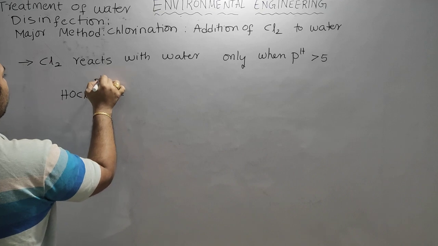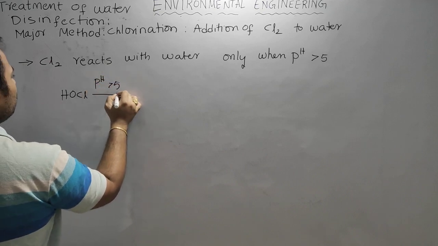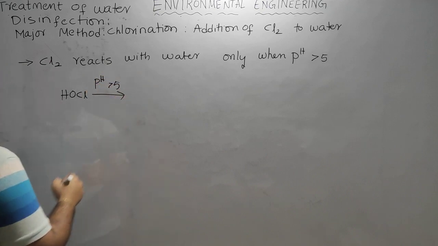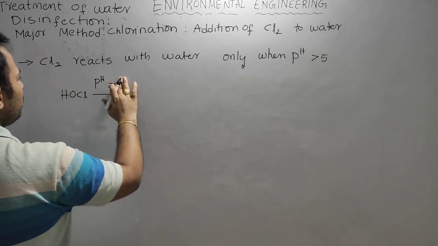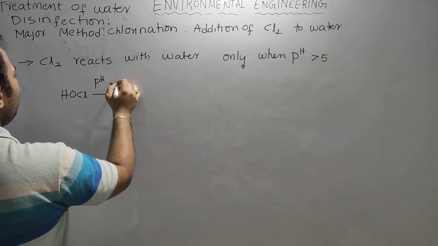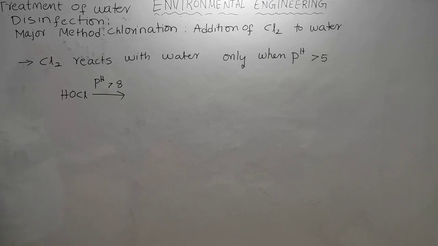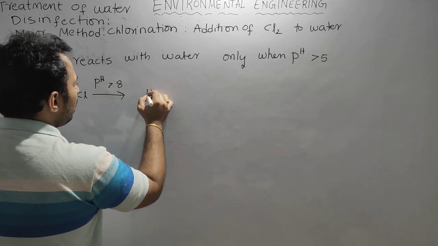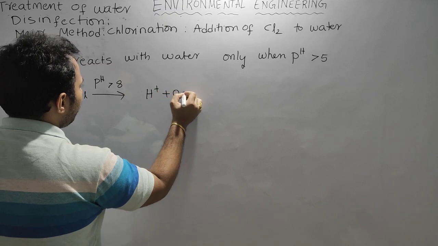When pH is greater than 8, it will disintegrate into H plus ion plus OCl minus ion.